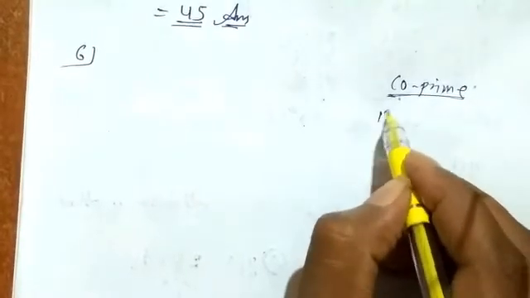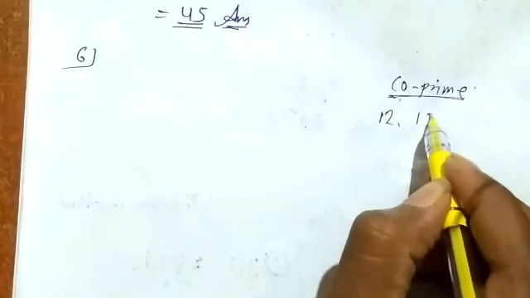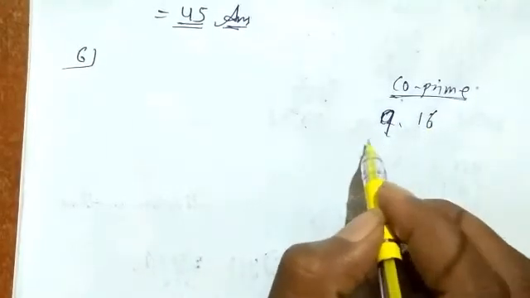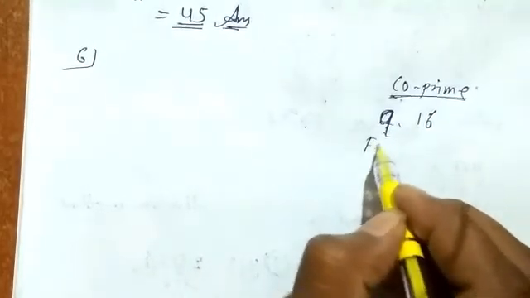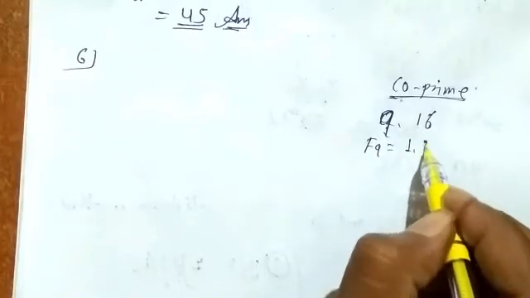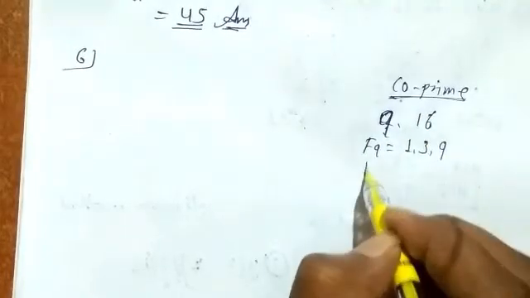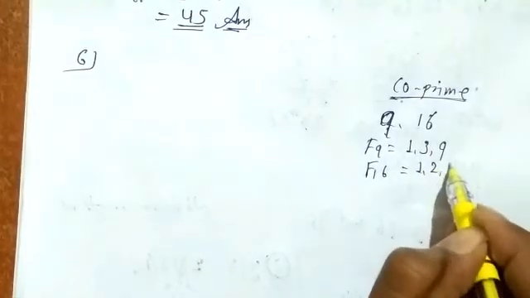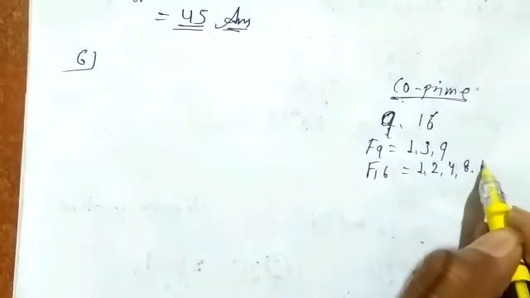Suppose this is 12 and this is 9 and this is 16. If we find the factors of 9, the factors of 9 will be 1, 3 and 9 only. And the factors of 16 are 1, 2, 4, 8 and 16.